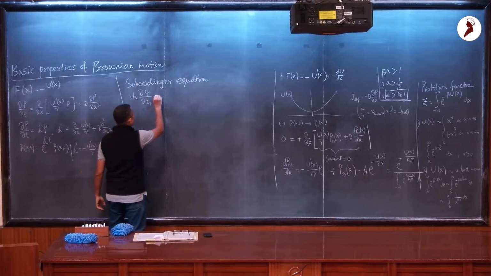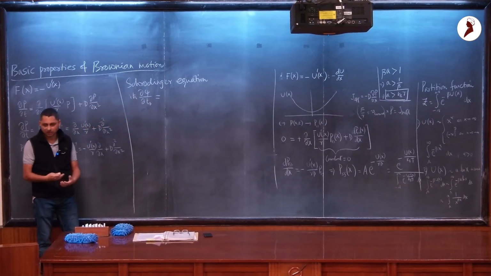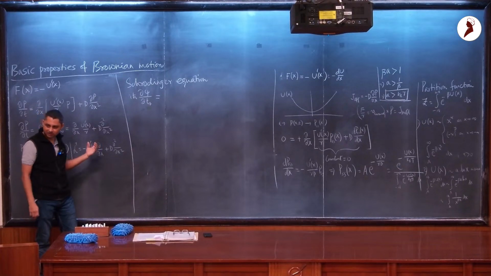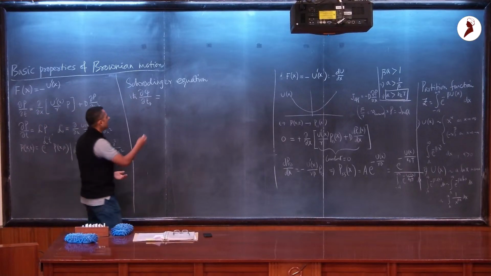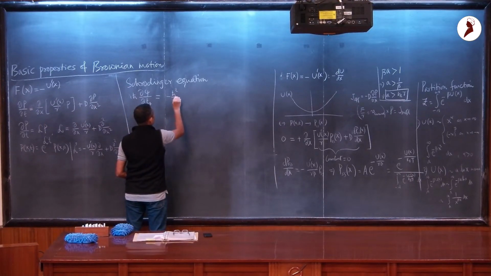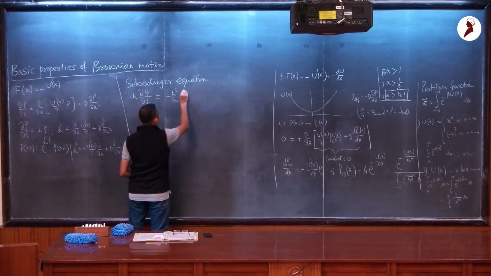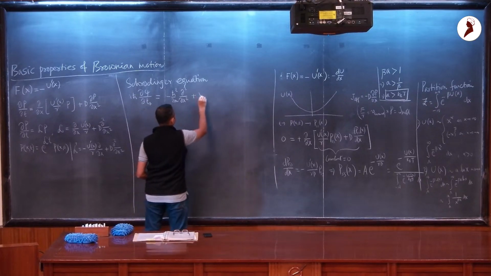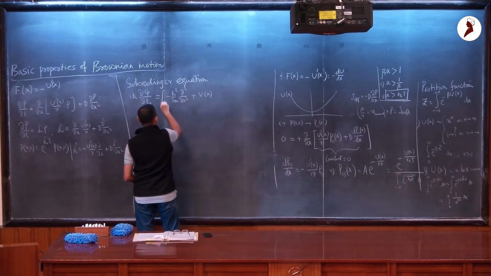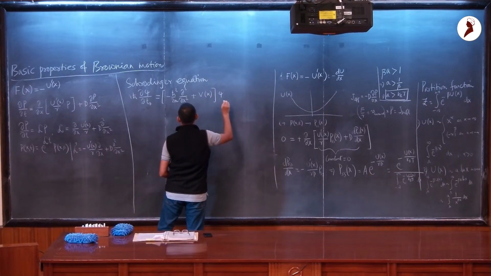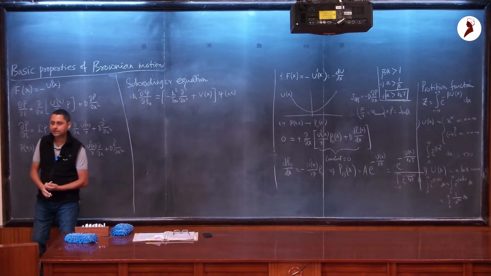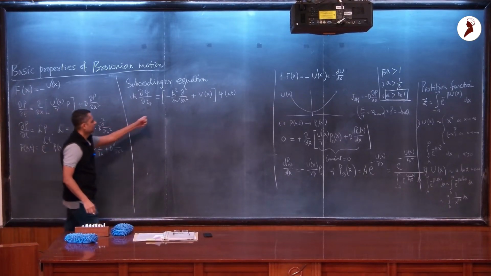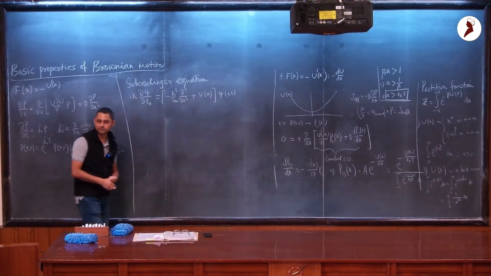So this is equal to Hψ, and I am going to write this H in this form. So what is H? Minus ħ²/2m ∂²/∂x² plus V(x), and the whole thing acting on ψ, which is a function of space and time.